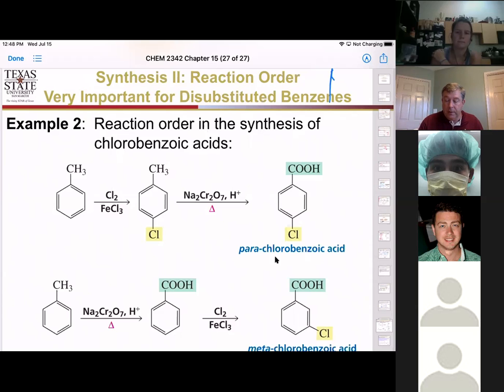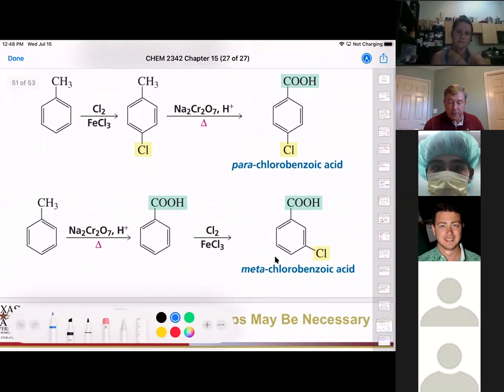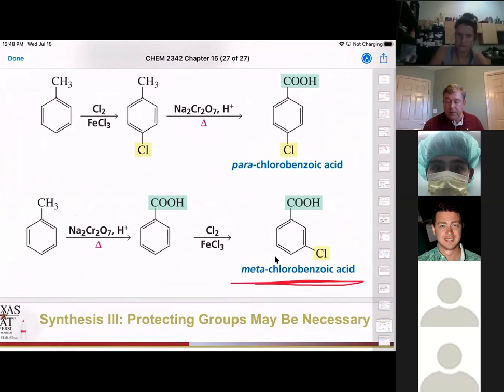In the case of the lower half of the screen, if we want the meta substituted benzoic acid, the benzoic acid's a meta director, so we only have to chlorinate that, maybe use a little extra heat because it's a deactivator, but it's going to meta direct. And we're going to end up with our chloro on the meta position and the meta position only.